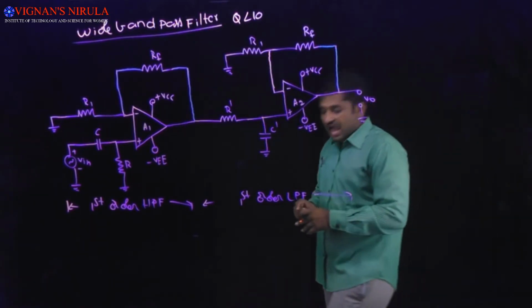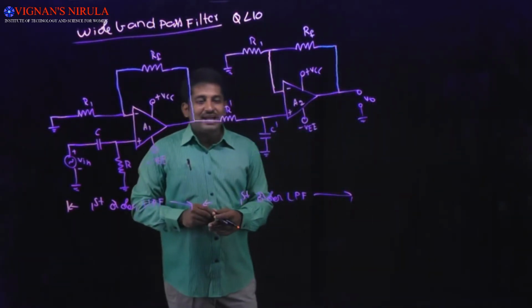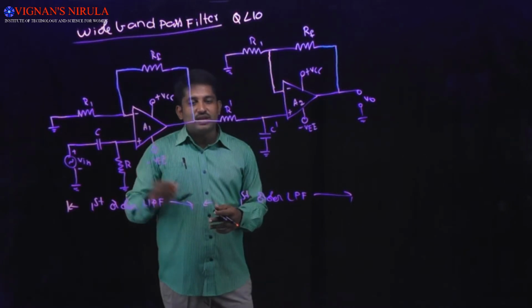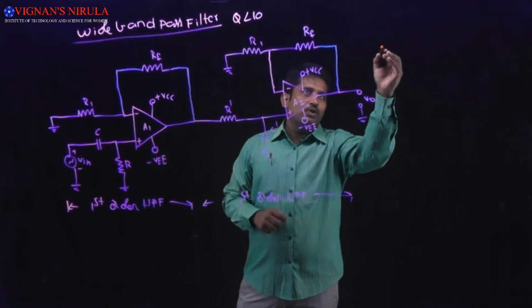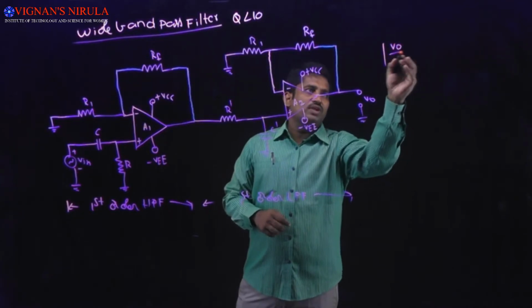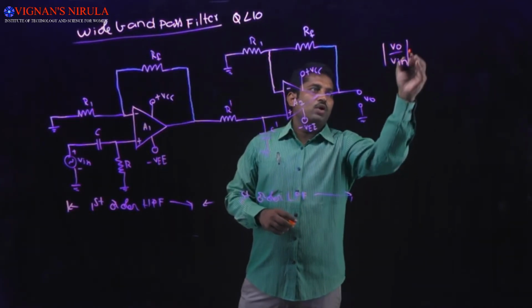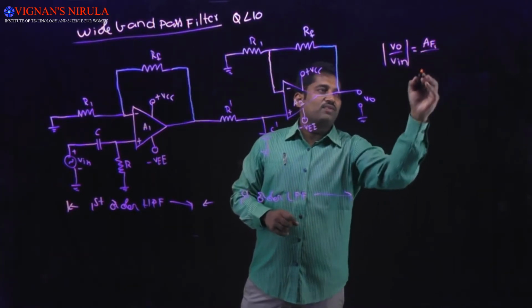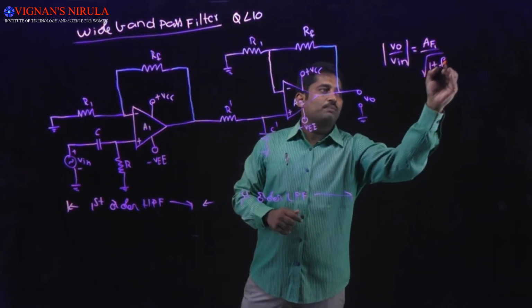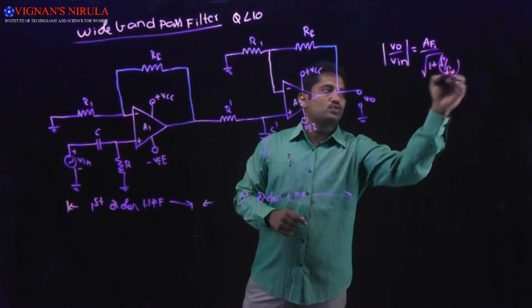Okay, here I am going to represent the magnitudes of the individual high pass filter as well as low pass filter. First, the magnitude of the low pass filter: modulus of V0 by Vin is equal to AF1 divided by square root of 1 plus (F by FH) whole square.